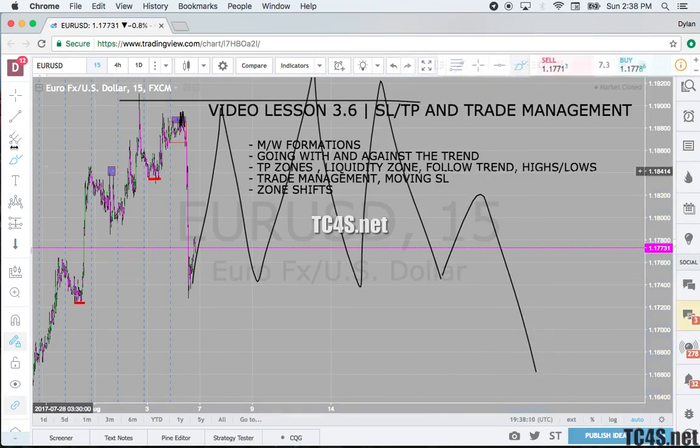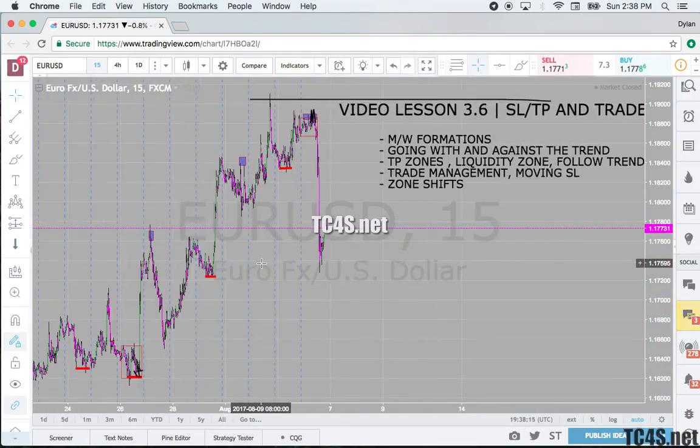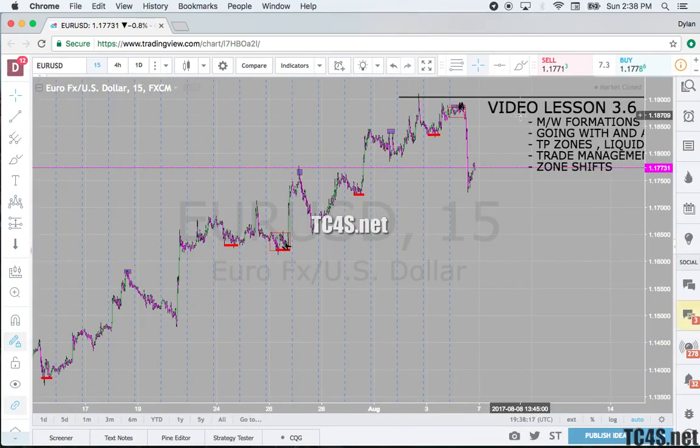Right? So don't be looking to close out your trade if you're going with the trend and you have your stop loss at break even, until you see the dealer showing that he is about to collect orders. He's collected as many orders as he can.